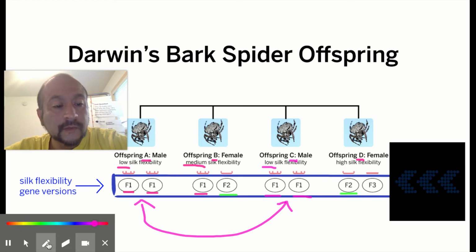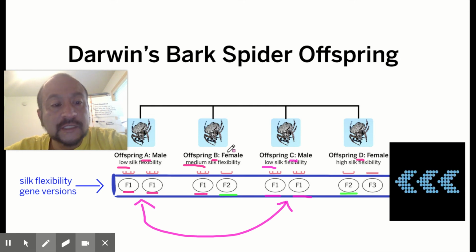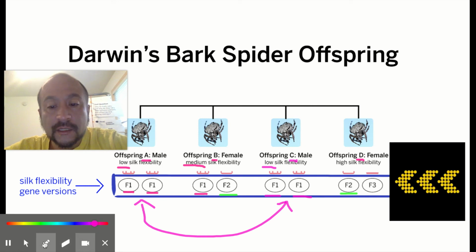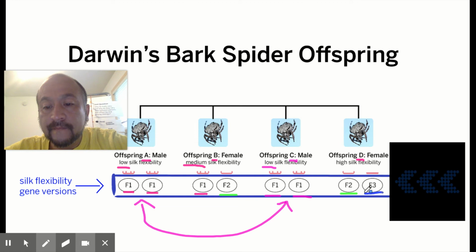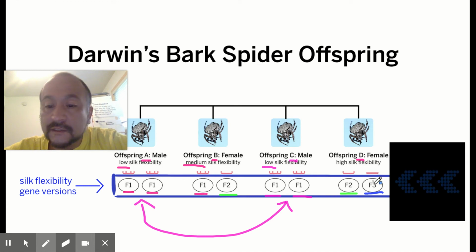And we have offspring D, which has high silk flexibility. It's the only one in the family that has high silk flexibility. We also noticed that it has a protein molecule that is different from the rest. Maybe this is what gives it its high silk flexibility.